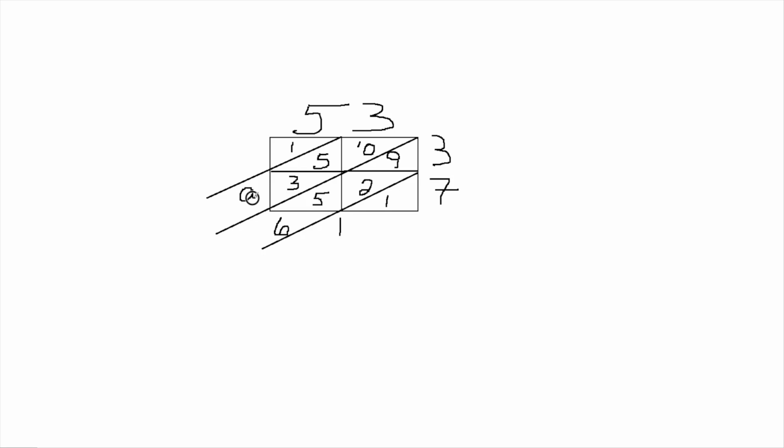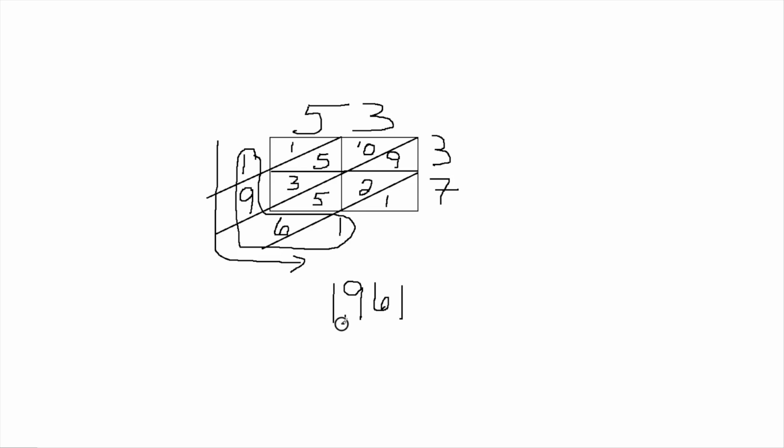So we put the 9 there. 1 plus nothing is 1. And if you look, you have to rewrite the answer from top this way to here. So we have a 1, a 9, a 6, a 1. And there's your answer, 1,961.